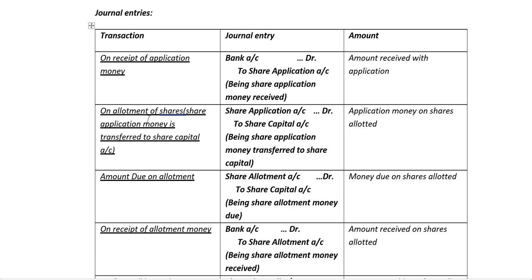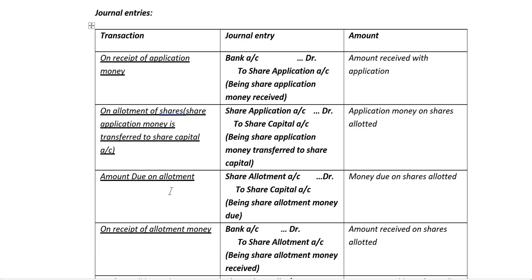On the allotment of shares, the share application money is transferred to share capital account, and the following entry is passed. Share application account debit to share capital account. Narration being the share application money transferred to share capital. So the amount for this journal entry is the application money on the shares which have been allotted.